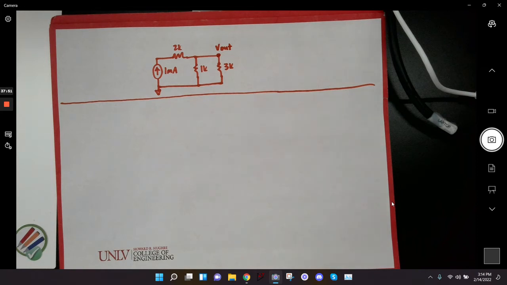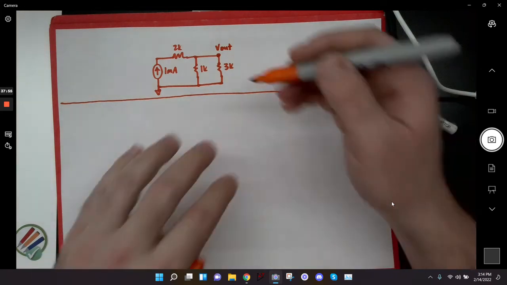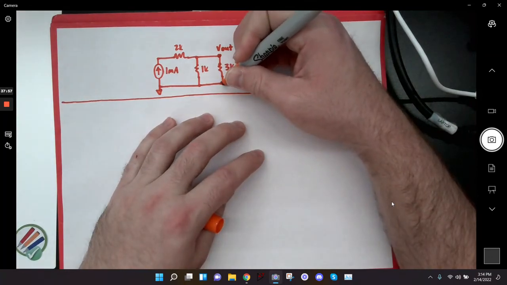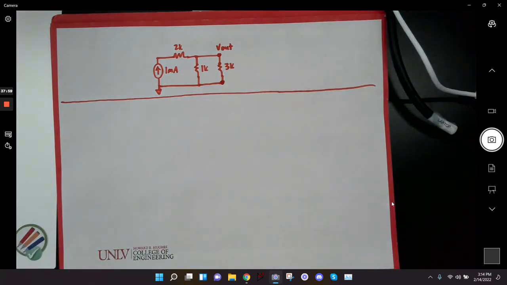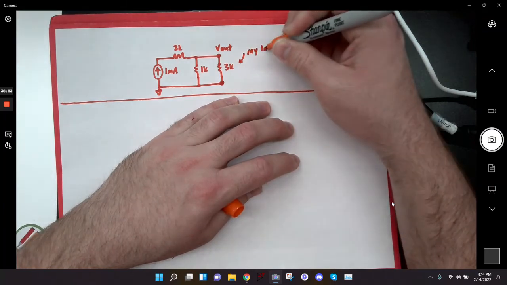And I want to find basically Thevenin and Norton equivalents for the circuitry to the left of the 3K resistor. Let's say that the 3K resistor is my load. I'm trying to power this 3K resistor.